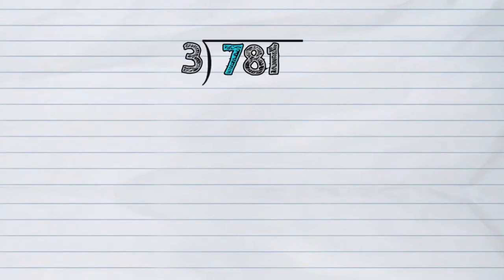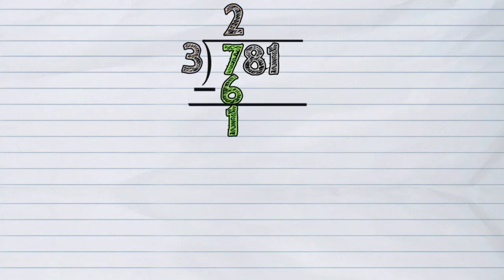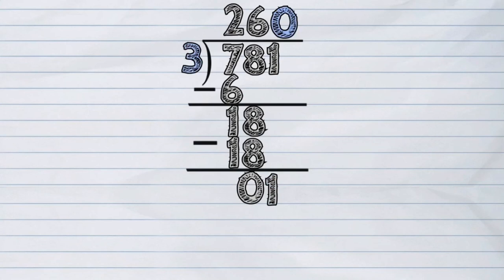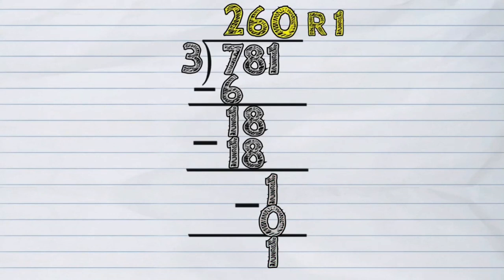And that was how we do division with remainder. Keep in mind that we always follow the 4 basic steps: divide, multiply, subtract, and bring down. And the remainder should not be greater than the divisor.